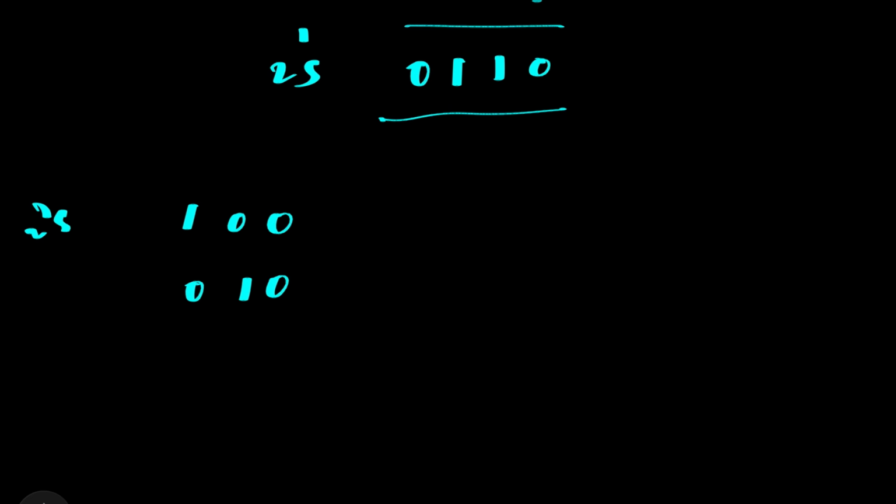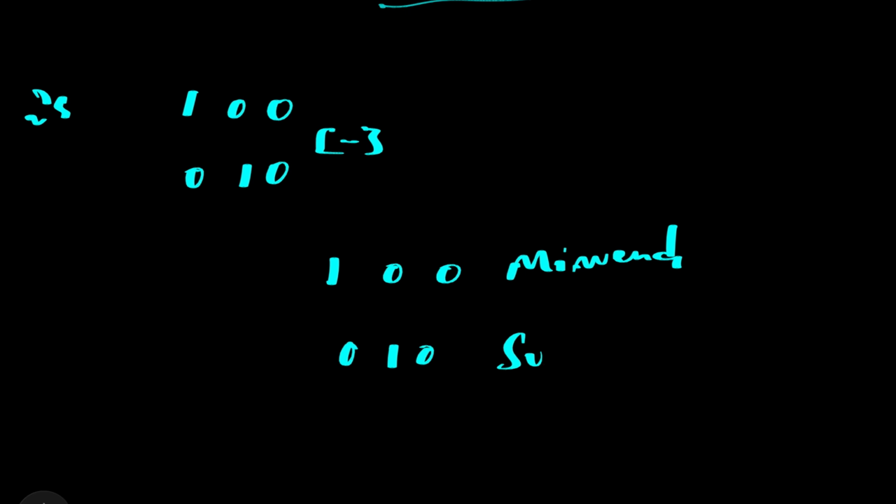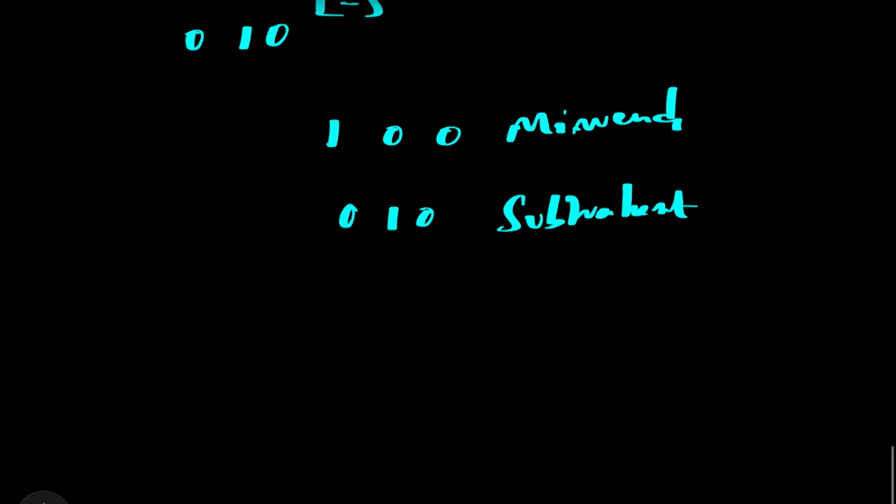So if it is a subtraction, we have to use the complement method, and here we are going to use the 2's complement in order to check how it works. So 1 0 0 is again the minuend, for understanding, and 0 1 0 is the subtrahend. We are going to perform a 2's complement.